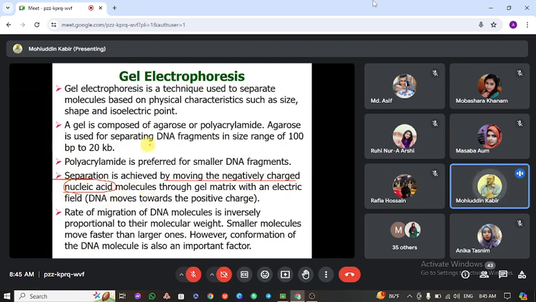That could be DNA, could be RNA. So in the electrical field, the DNA or RNA will move towards the positive charge. So that is the basic principle.